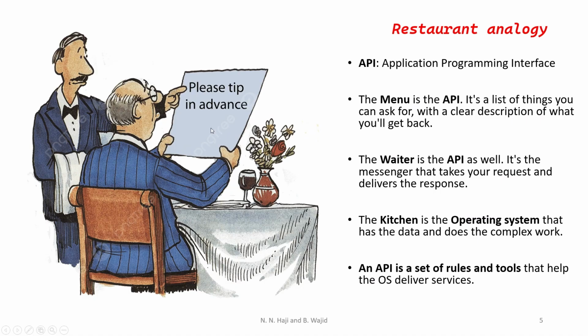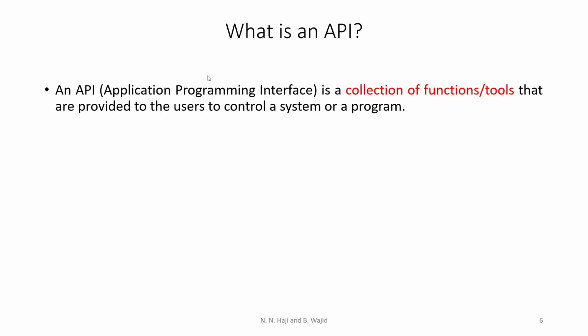Hence an API is basically a set of tools that helps deliver OS services. The waiter and the different tools on the menu are all APIs. So, an application programming interface is a collection of tools that are provided to the user to control a system.